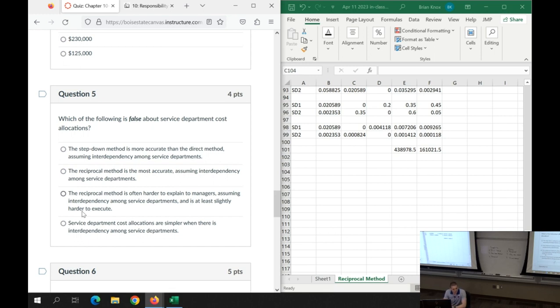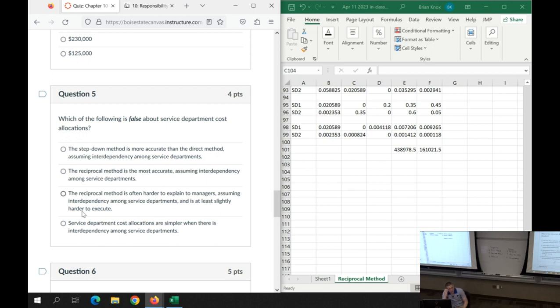Yeah. So then if the question were to ask, a firm's 2 production departments and 2 service departments, which would fall under the service department cost allocations, then it would be the direct method is the least accurate. That is true, yeah. Does it say assuming interdependency or whatever?